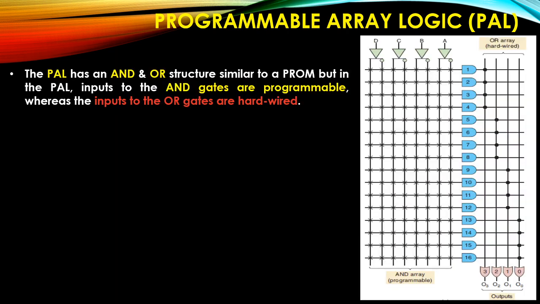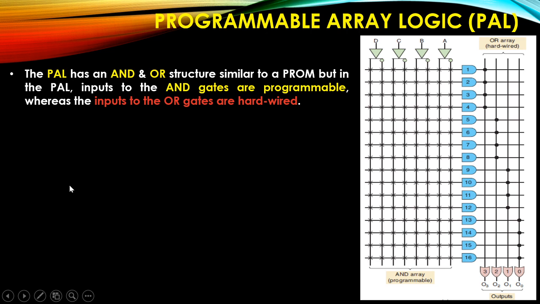In this part of the lecture, we'll try to understand what is programmable array logic, famously known as PAL. Let us have a look at the internal structure of PAL.